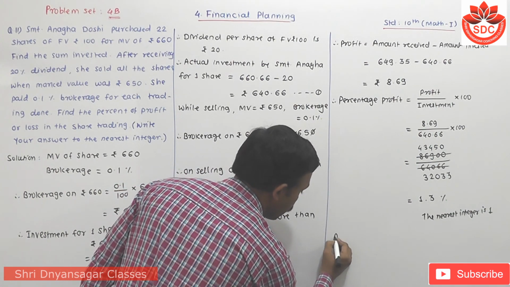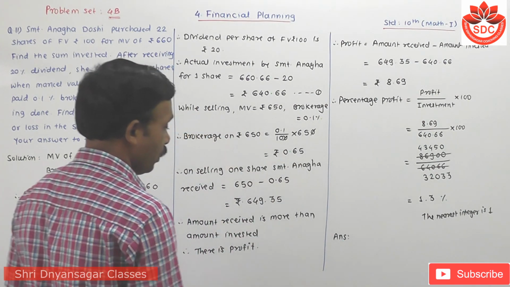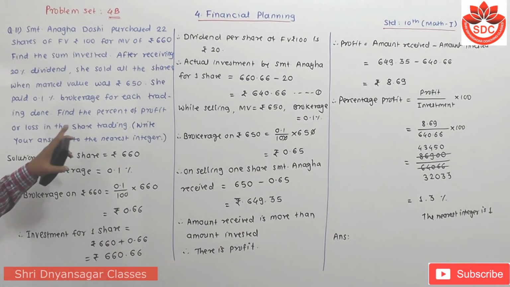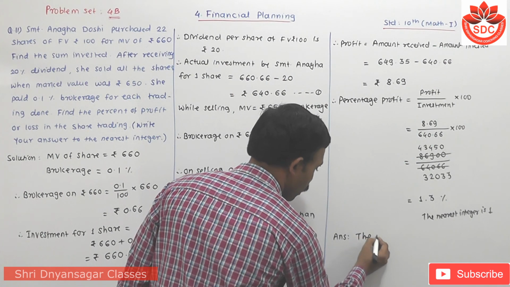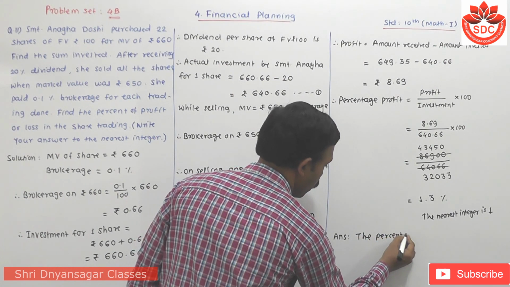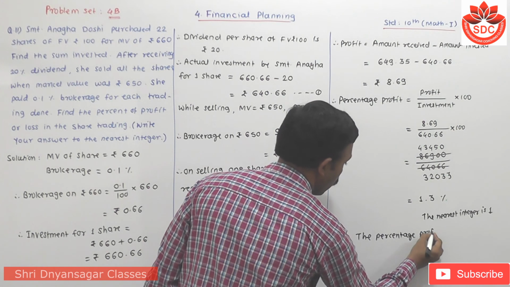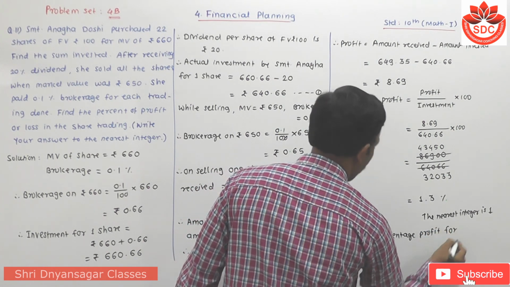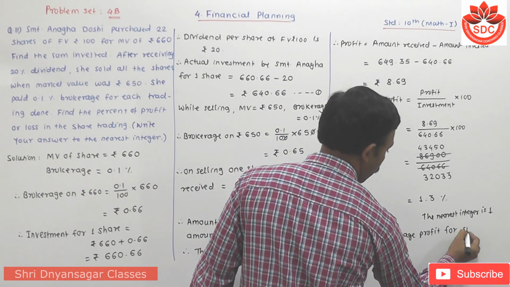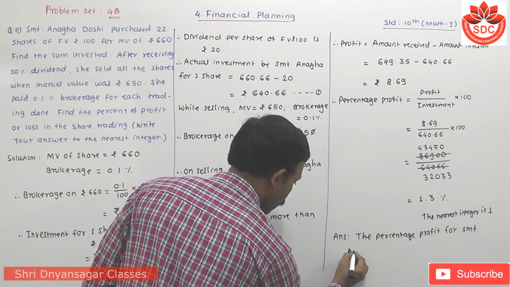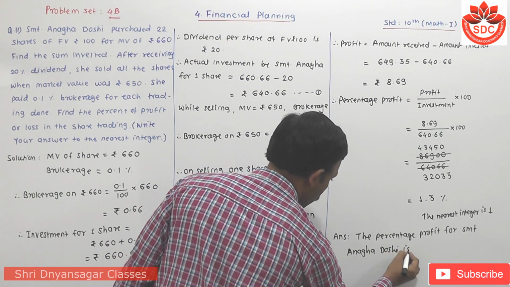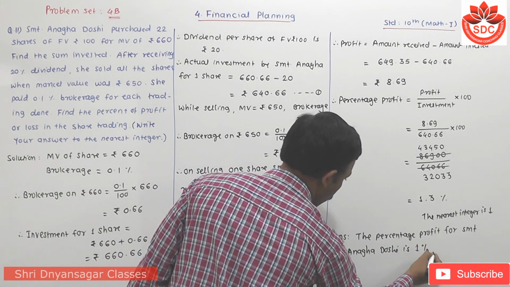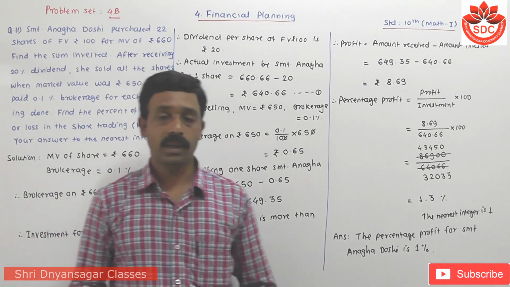Therefore the answer is: the percentage profit or loss in this share trading. So here we write the percentage profit for Srimati Anga Doshi is 1% on this share trading.